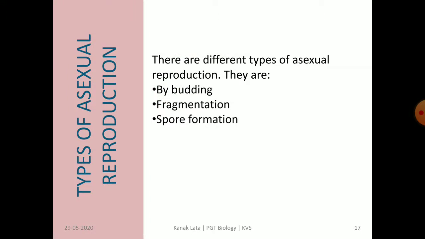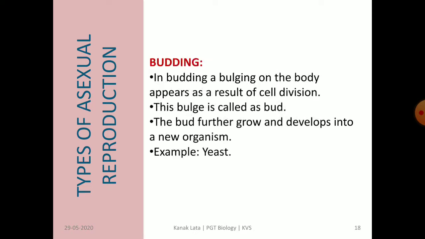Now the next topic is about types of asexual reproduction. In plants, different types of asexual reproduction are budding, fragmentation and spore formation. First we will study budding. In budding, a bulging on the body appears due to repeated cell division.